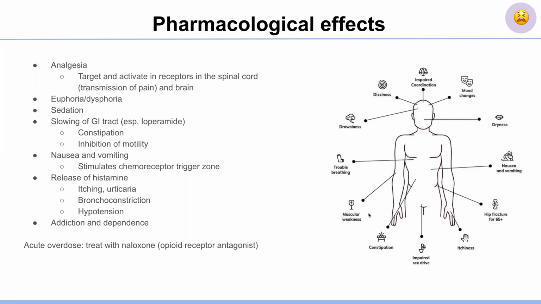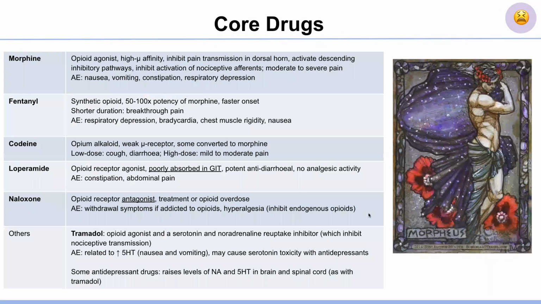Nausea and vomiting is an adverse effect in a lot of drugs, but particularly opioids because it stimulates the chemoreceptor trigger zone. It can also cause the release of histamines and associated allergic symptoms such as itching, bronchoconstriction, and hypertension. It can also cause addiction and dependence. Excess can be life-threatening, so acute overdose is treated with naloxone. Okay, core drugs.